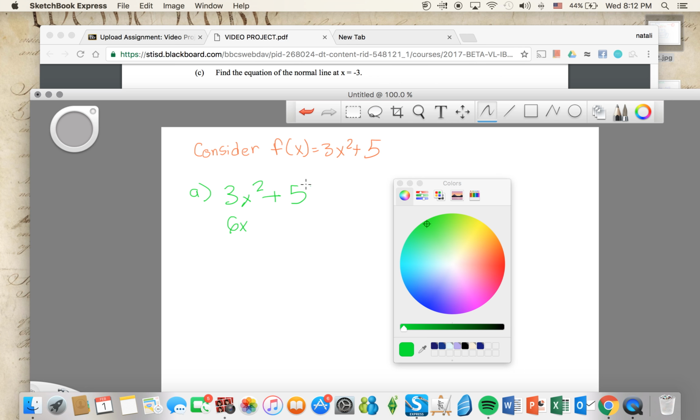And because it is plus 5, we just cancel that out, and our answer should be f prime of x equals 6x. That should be our answer to number 1.